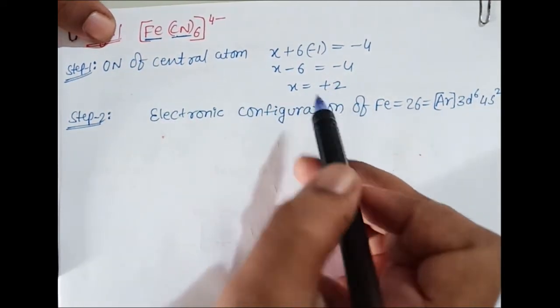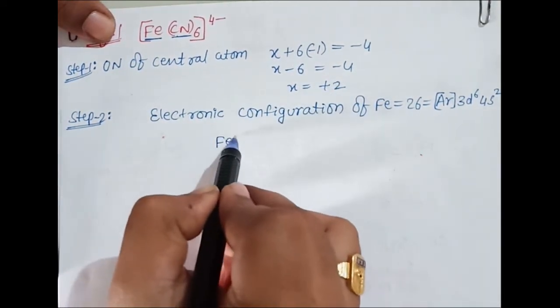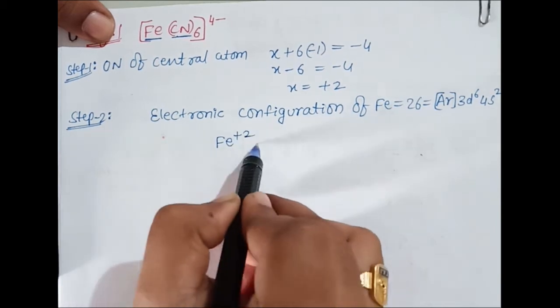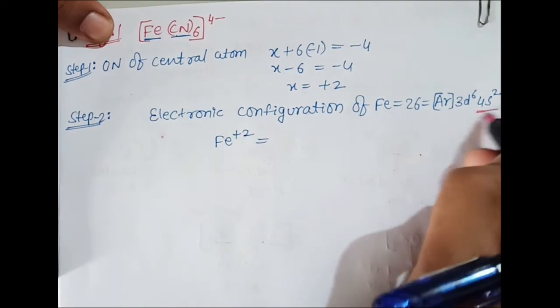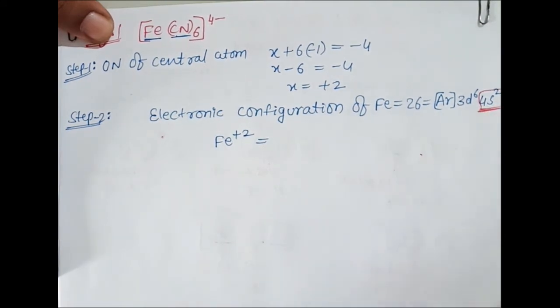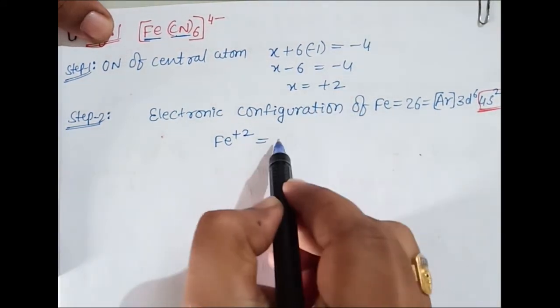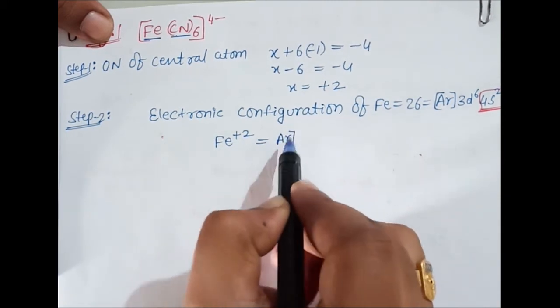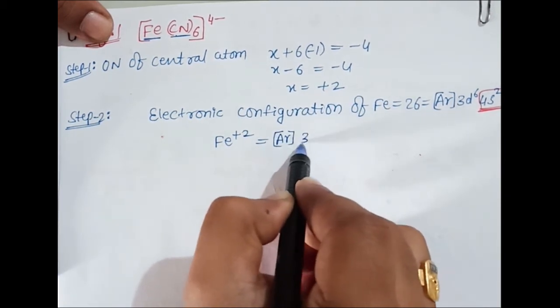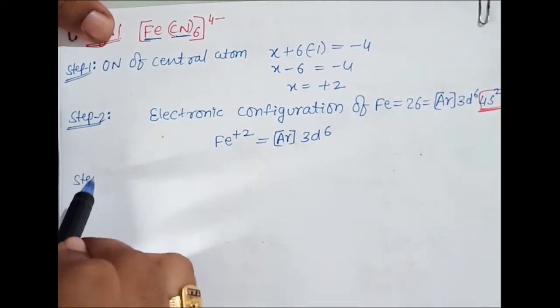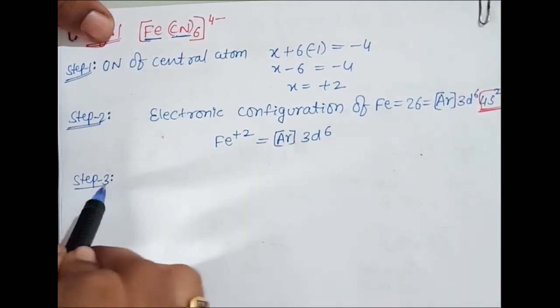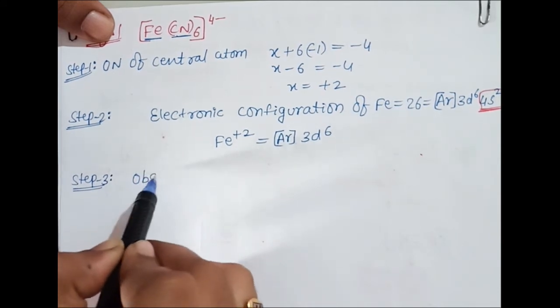But here we have 2 plus, so I want to find the electronic configuration of Fe2+. What is the meaning of Fe2+? I have to remove the 2 electrons from 4s. So its electronic configuration will be argon 3d6. Now step 3. Step 3 is observe the ligands.